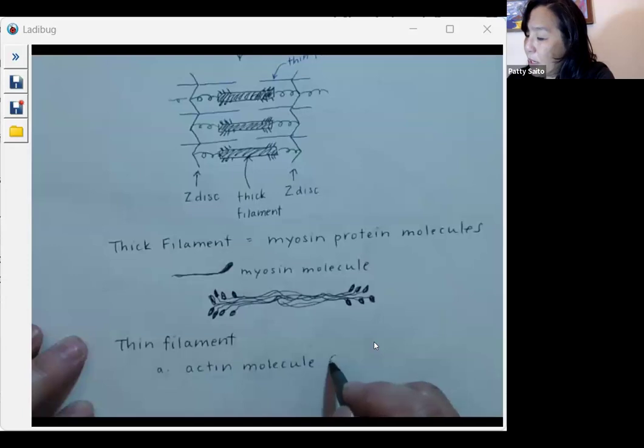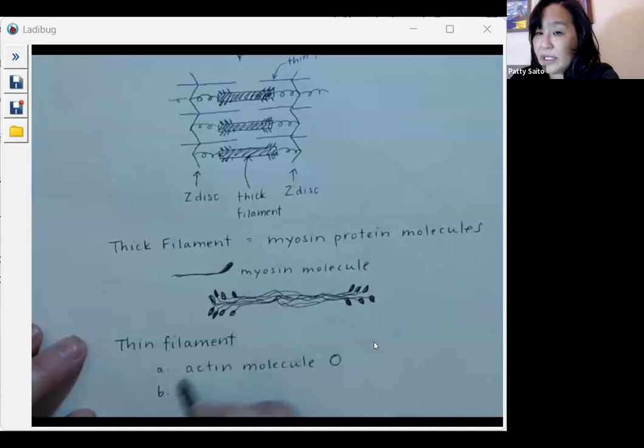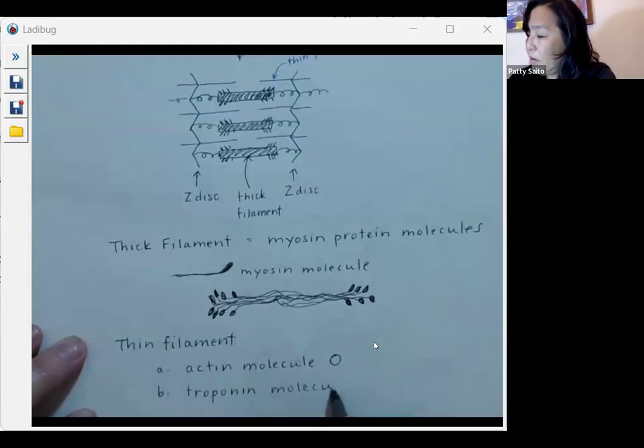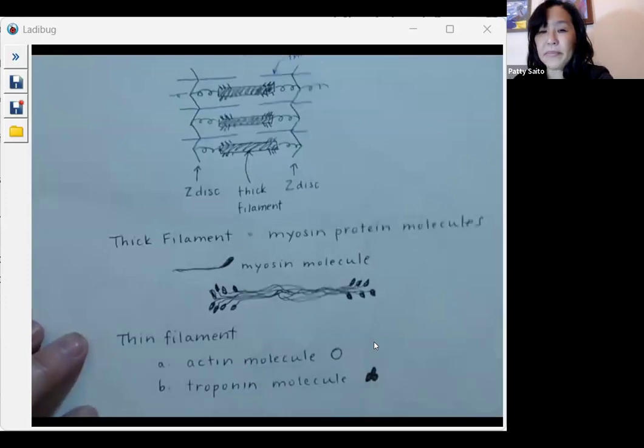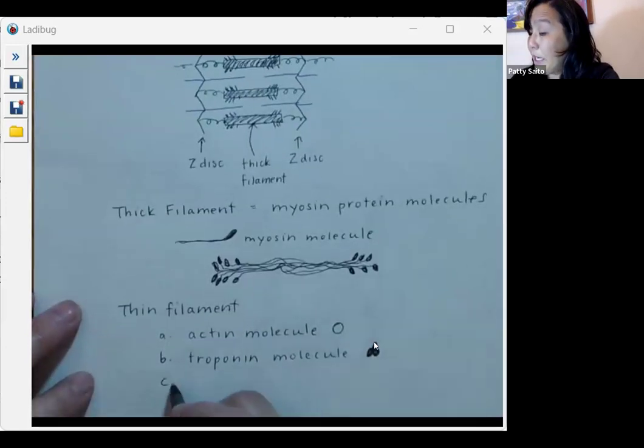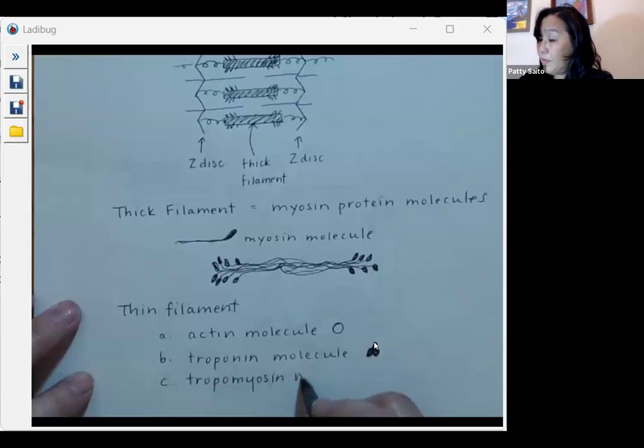I'm going to denote it by a little circle, like that. The second one is called troponin molecule, and I'm going to kind of draw it like that. And then the third protein is called the tropomyosin molecule.